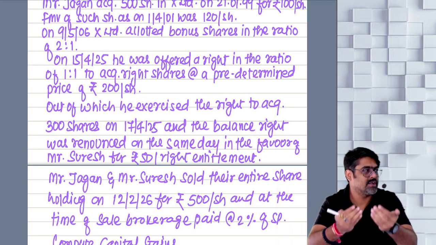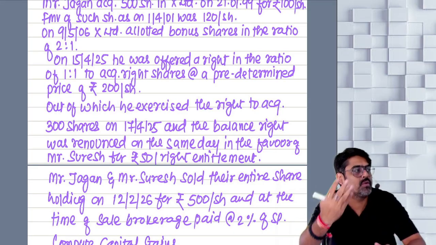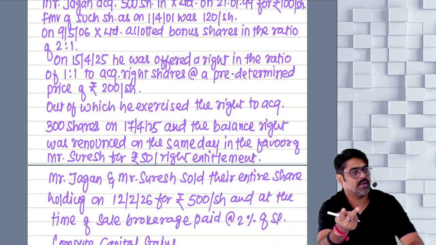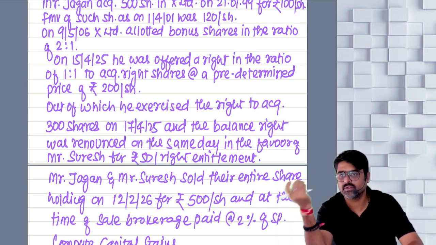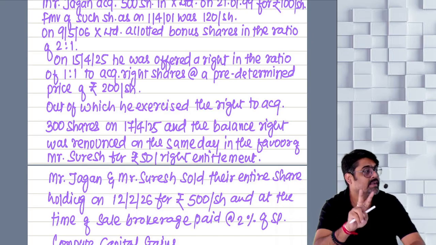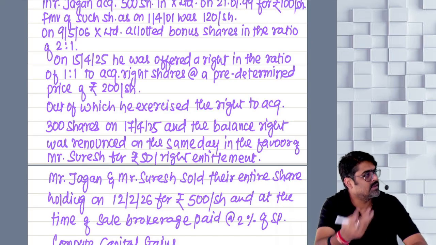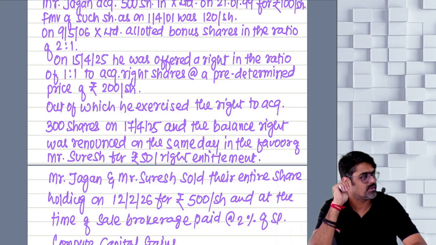So 300 right shares will be issued to you. That is your actual cost, which will be treated as cost of acquisition. So 200 rupees per share into 300 shares. This is the actual cost. And that actual cost will become your cost of acquisition.